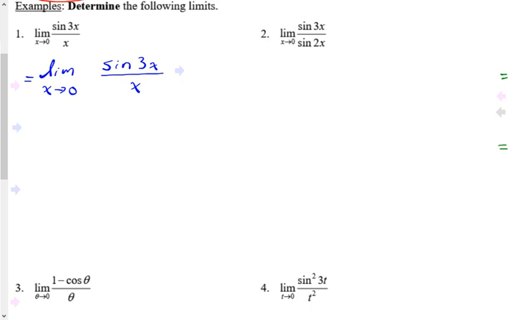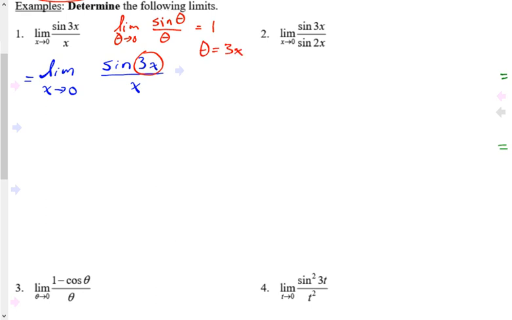I'm going to rewrite this limit. But remember, the rule that we have is that the limit as theta approaches 0 of sine theta over theta is equal to 1. So here I'm saying that theta is equal to 3x.